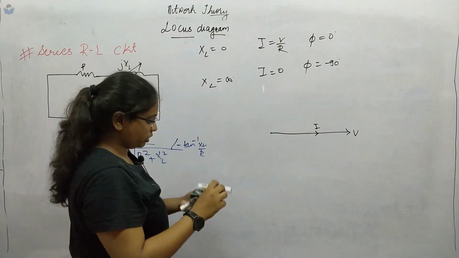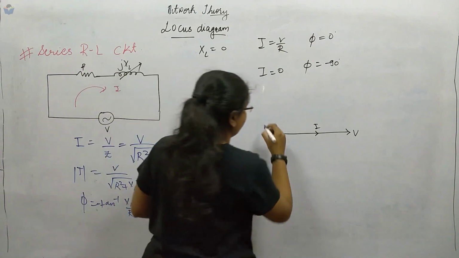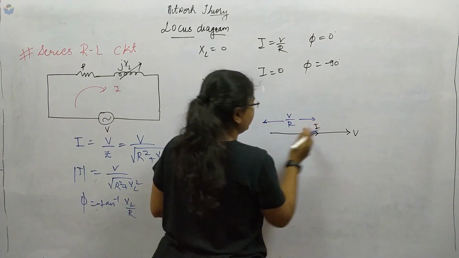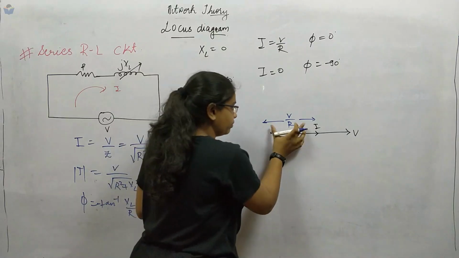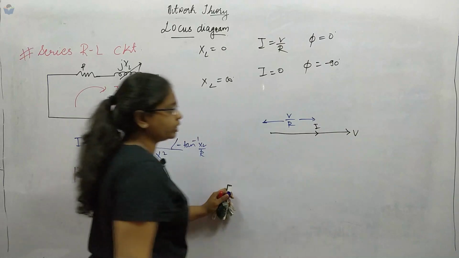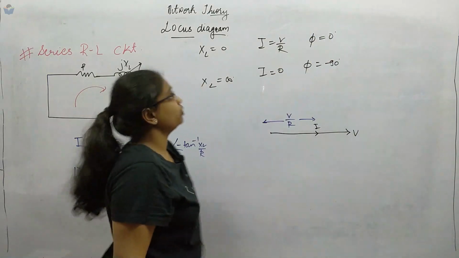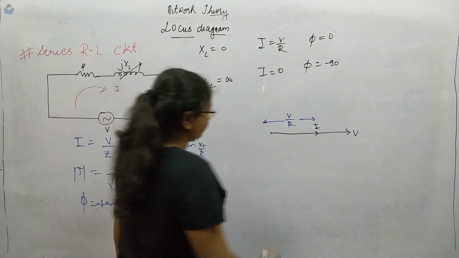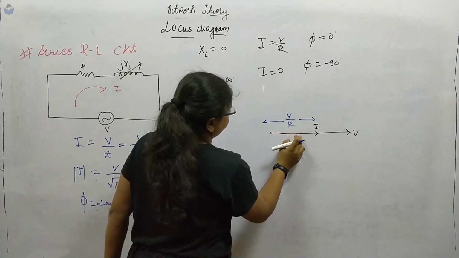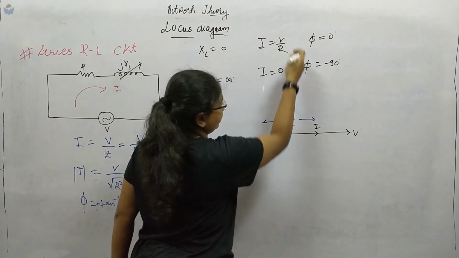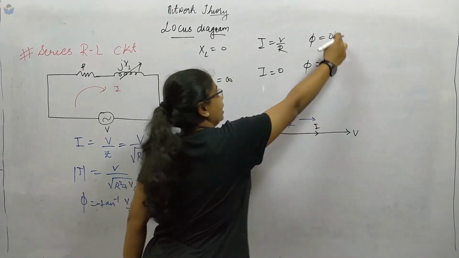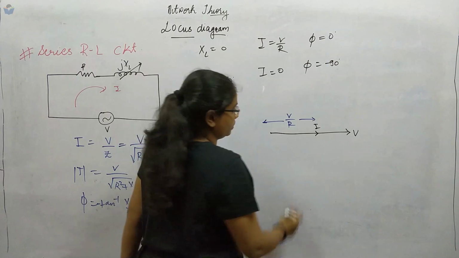The magnitude here is nothing but V by R, so it is already indicating that it is a pure resistive network. That's why I is in phase with voltage V, hence we have got phi equal to 0 degrees. Here the magnitude of the current is reducing, but the value of XL is increasing and even the phase angle is increasing.